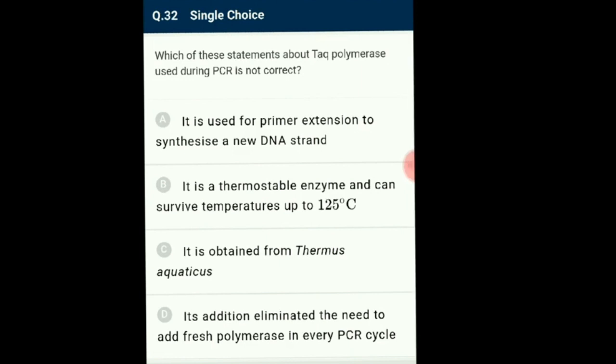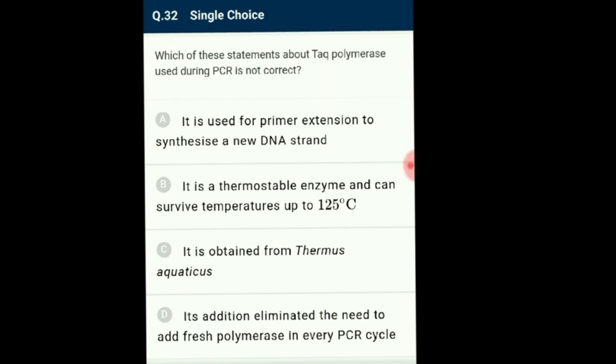Question number 32. Which of these statements about Taq polymerase used during polymerase chain reaction is not correct? Here four statements are given. A thermostable DNA polymerase found in the thermophilic bacterium Thermus aquaticus. Its optimum temperature for activity is approximately 75 to 80 degrees Celsius.